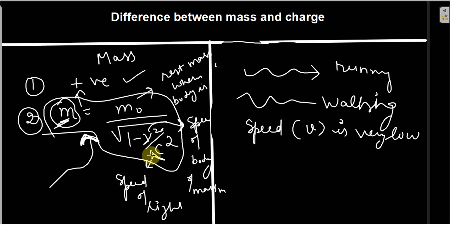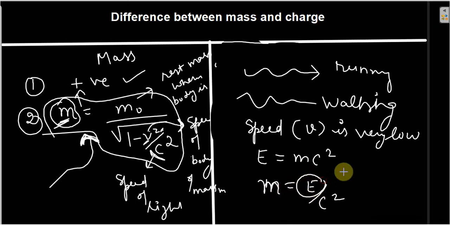If you remember Einstein's equation, E is equal to mc square, then mass is equal to E by c square. When you are in motion, your body gets heat, and that is also energy.